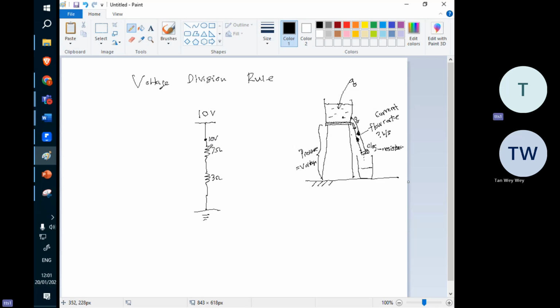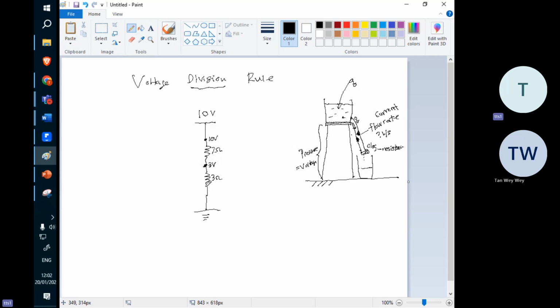When you go past the 7 ohm, because this is some sort of resistance, the energy here will drop. You are no longer at 10 volt here. It will drop by the ratio. We call it the division, the ratio. So based on the amount, 7 plus 3 equal to 10, it will drop 7 volt. So at this node, it measures as 3 volt only.